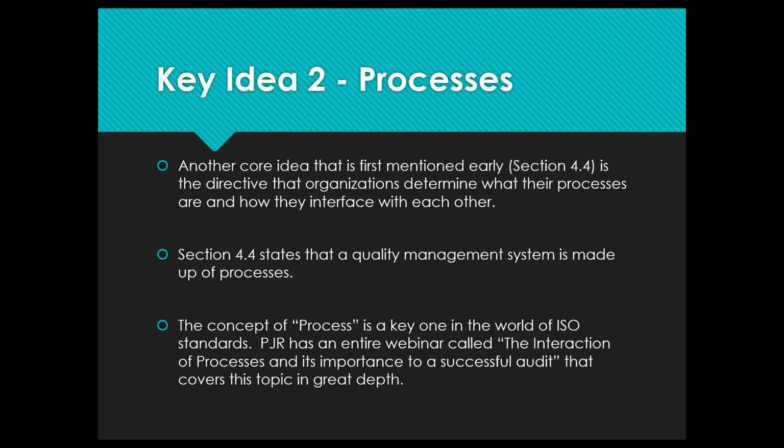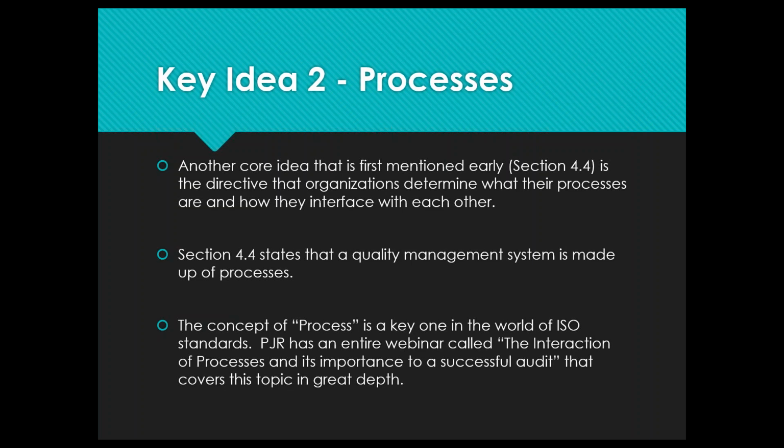And 4.4 comes right out and says your organization, your quality management system is made up of processes. Now this whole idea of processes, this is a very key idea. And it's so important. We actually have a whole separate webinar on it called The Interaction of Processes and Its Importance to a Successful Audit.